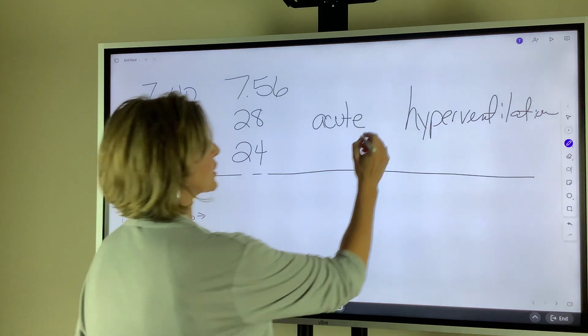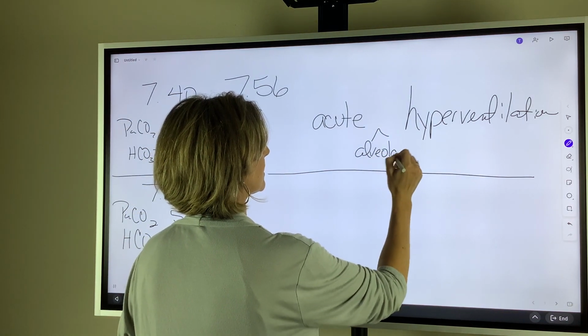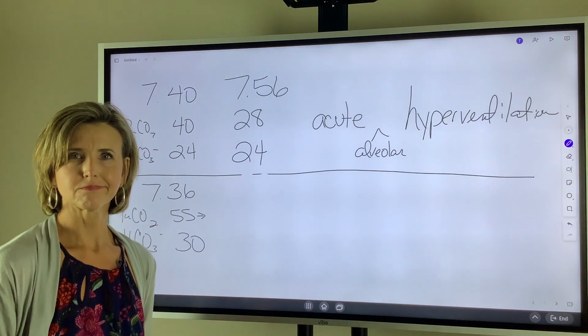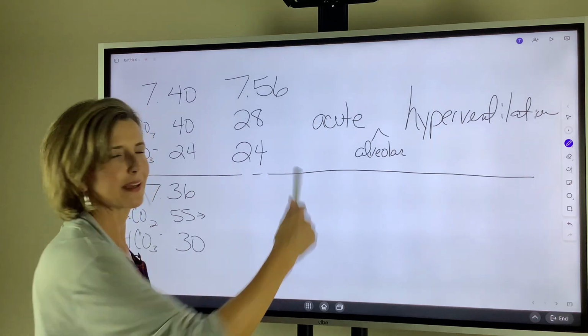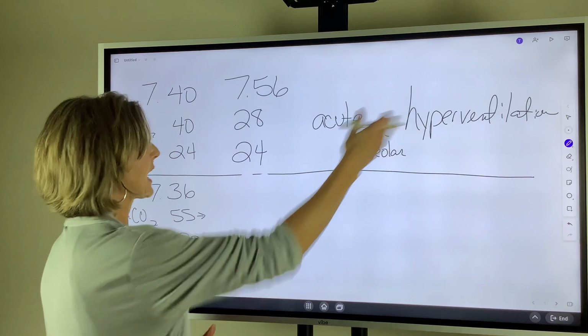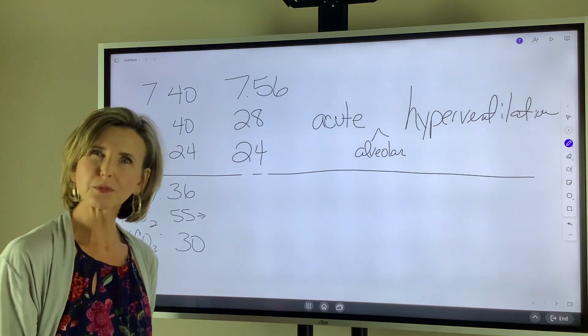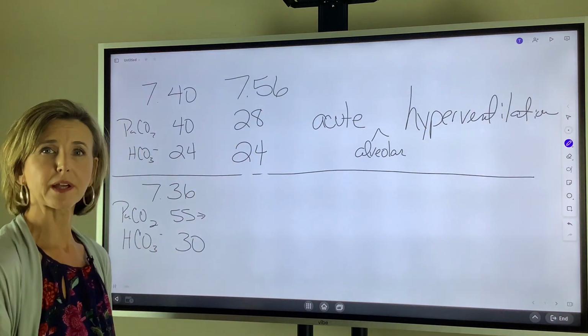Now, sometimes we like to throw an extra word in there to make it confusing. Some people call this acute alveolar hyperventilation. And don't let that confuse you, because that CO2 transfer happens at the alveolar level. So acute alveolar hyperventilation. All right, that's pretty easy, right? We're just describing what's happening to this patient.